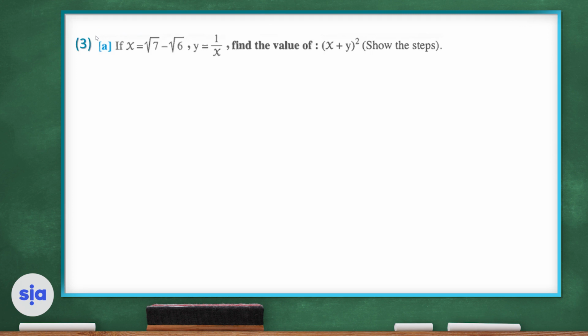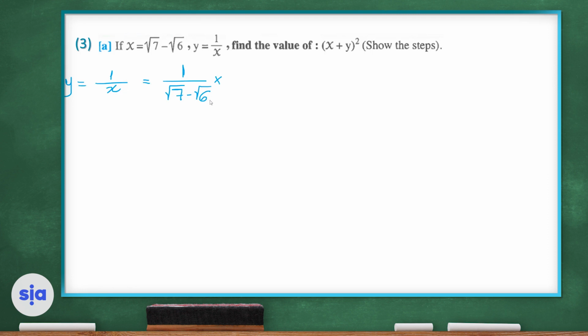If x equals square root of 7 minus root 6 and y equals 1 over x, how can we find the value of x plus y all squared? By showing the steps. As you can see here, y equals 1 over x, so this means that y equals 1 over square root of 7 minus square root of 6.